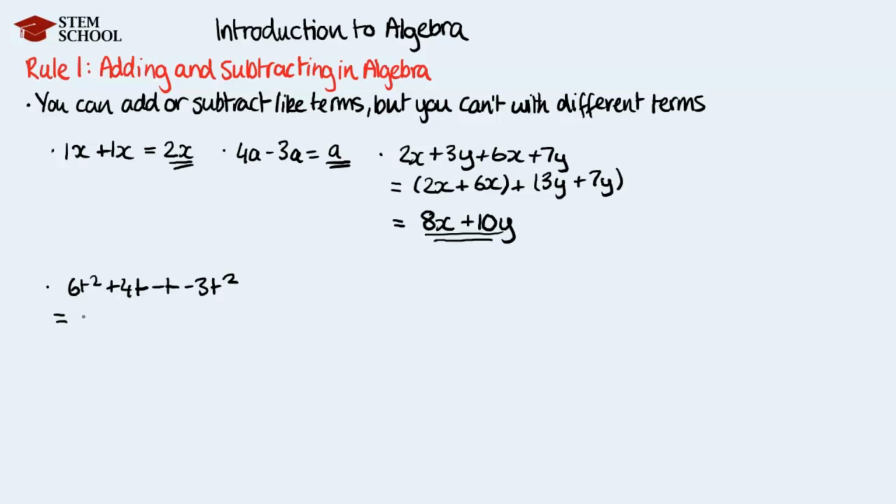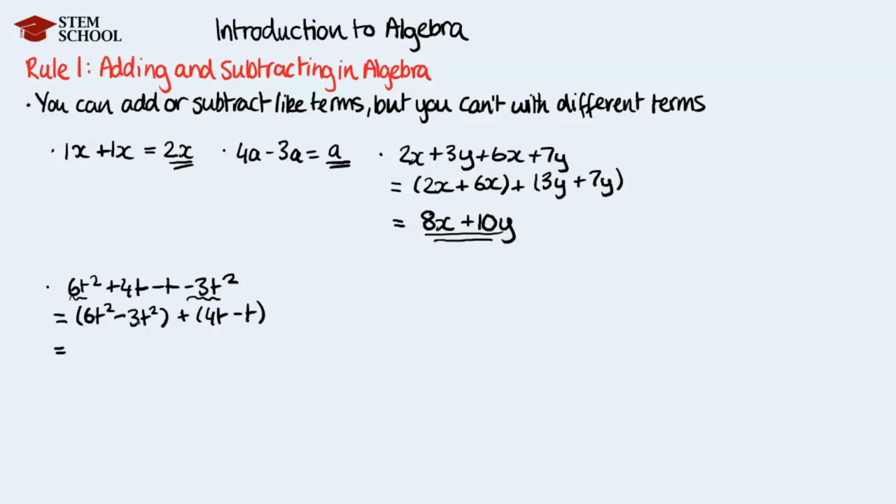So write it in brackets so it's easier to understand. Let's do the t squareds. What we have here is 6t squared, and then we're going to deal with this t squared, 6t squared take away 3t squared. Then we're going to do plus 4t minus t, and that's a single bracket for that. So we'll deal with each bracket individually.